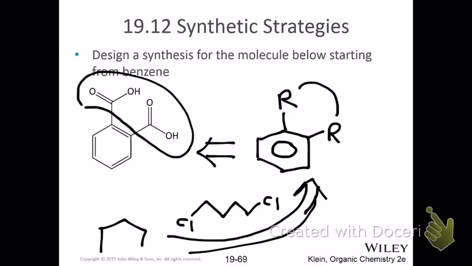Really the thing that you're going to do is just something like this. You add them both at the same time, and then that back step, going from here to here, is just Jones reagent. Okay, so I'll write it all out in the forward direction so you can see how you put it together.